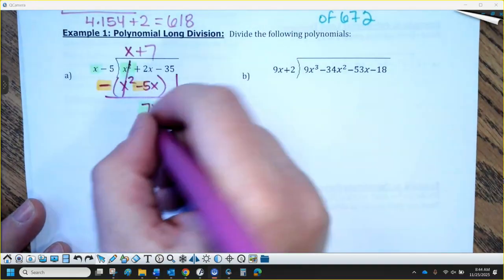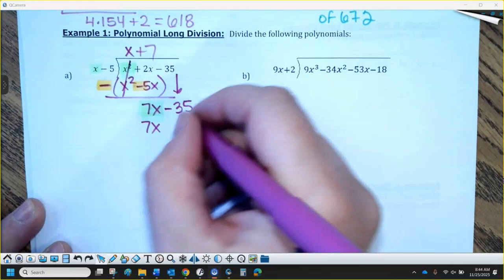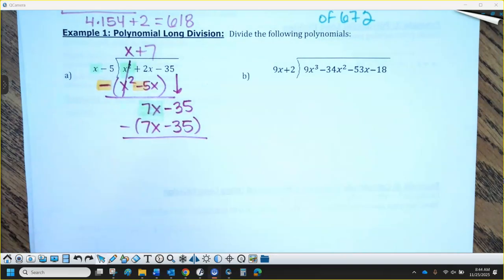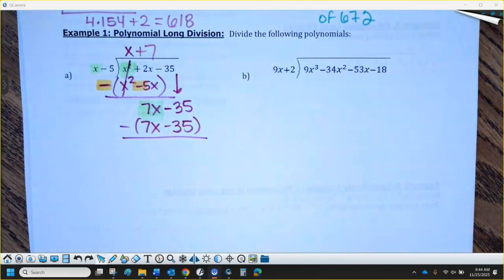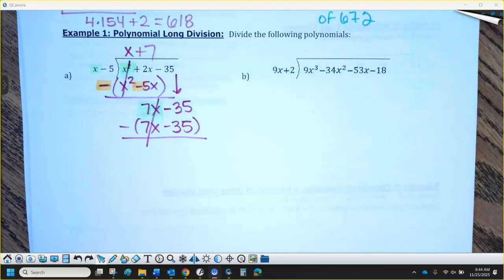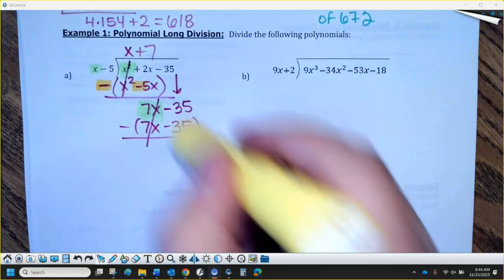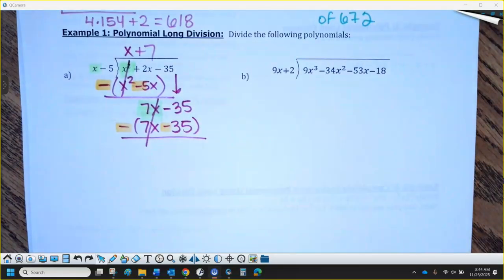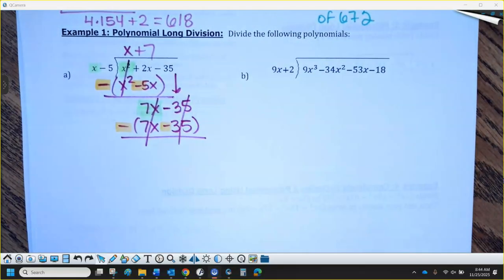All right, 7 times x is 7x. 7 times negative 5 is negative 35. And I always put that in parentheses because I have to subtract both pieces. In this case, both cancel. So 7x minus 7x, that's 0. Negative 35, minus a negative 35 is really negative 35 plus 35, so that actually cancels out as well.